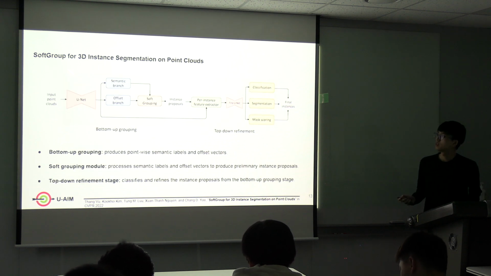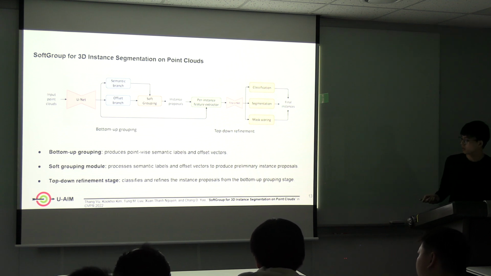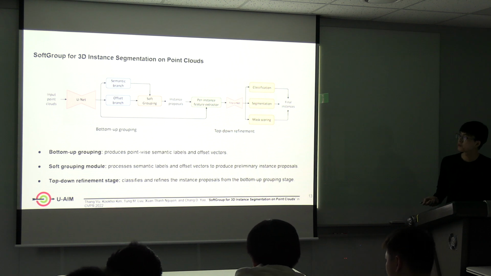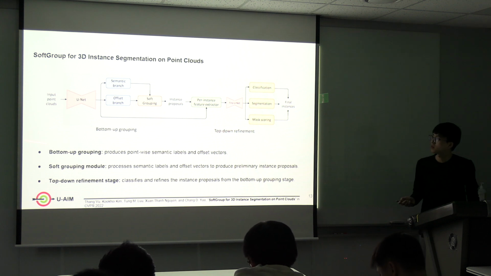This paper was proposed in CVPR 2022, and it has two main parts. The first one is the bottom-up grouping, and the second one is the top-down refinement. The bottom-up grouping produces the point-wise semantic label and offset vector.